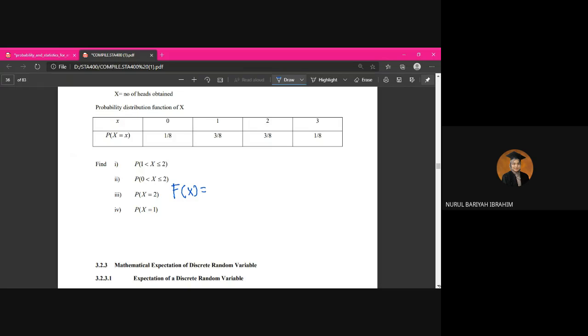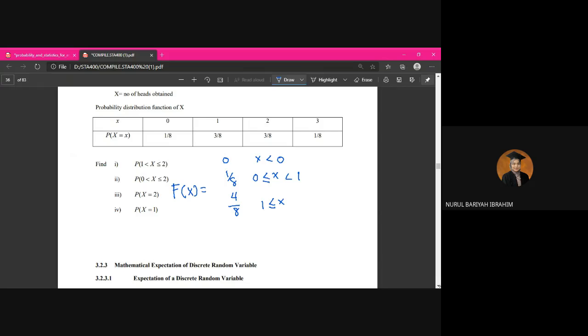So, the first one is 0 untuk X less than 0. Yang kedua adalah 1 over 8 for X more than or equal to 0 but less than 1. Okay, next 4 over 8. Kenapa 4? Sebab 3 tambah 1. So 4 over 8 untuk X more than or equal to 1.